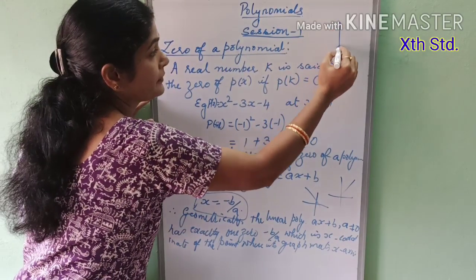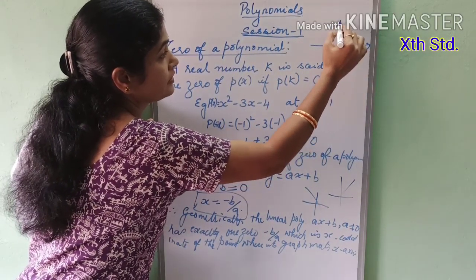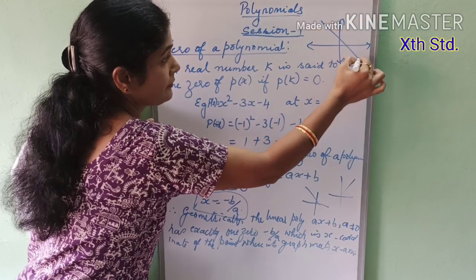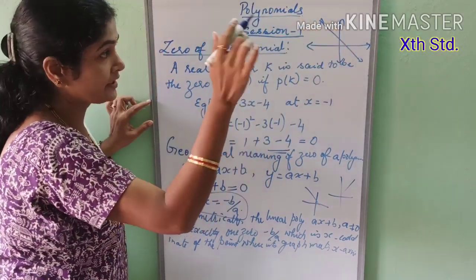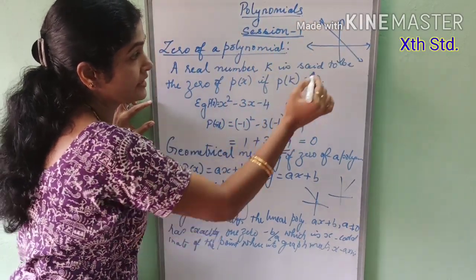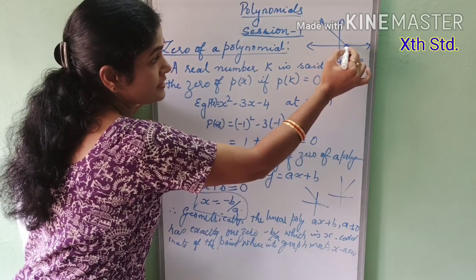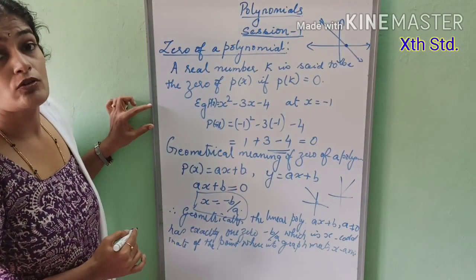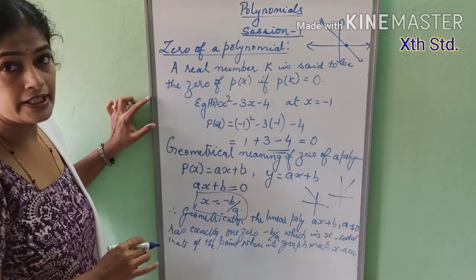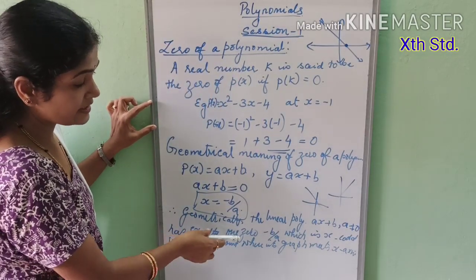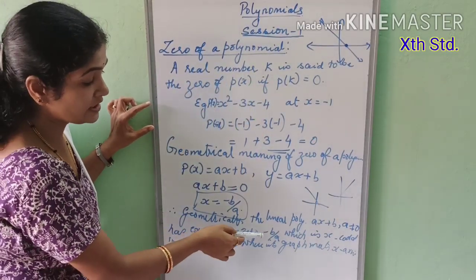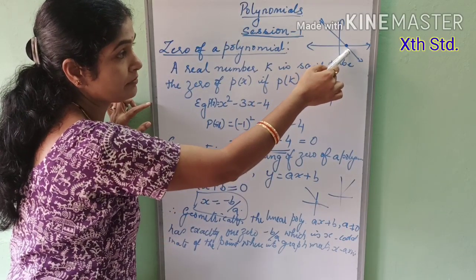If I plot the graph of a linear equation like this, then this point is the 0 of that linear polynomial, where it intersects the x-axis at minus b by a.